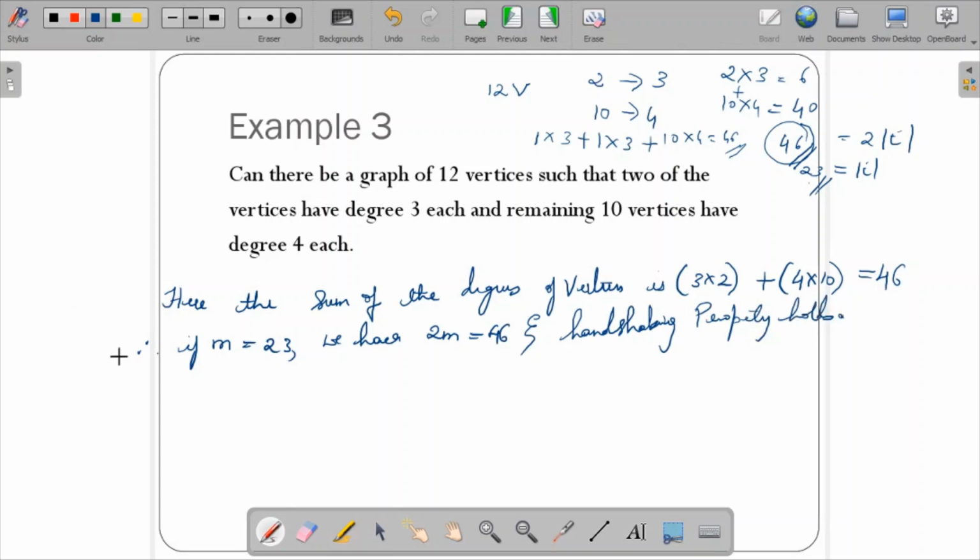Hence there can be a graph of the desired type. So this is regarding example 3.